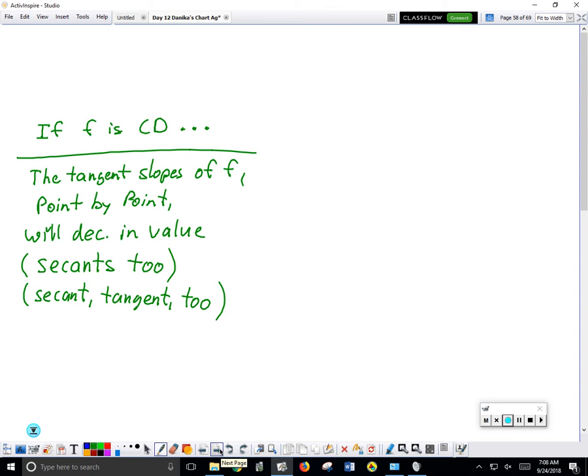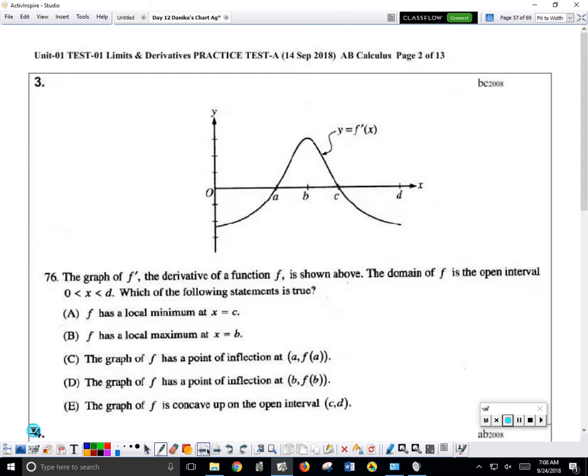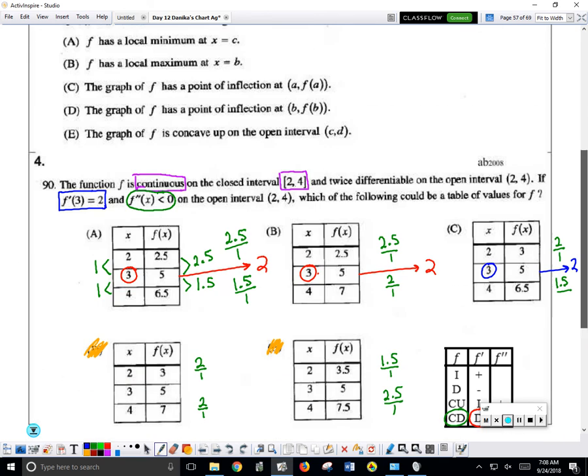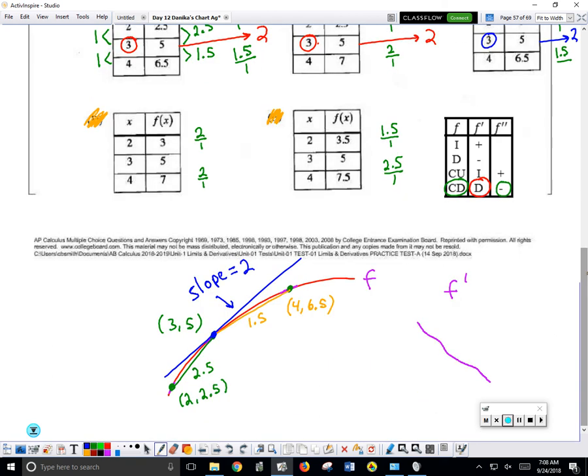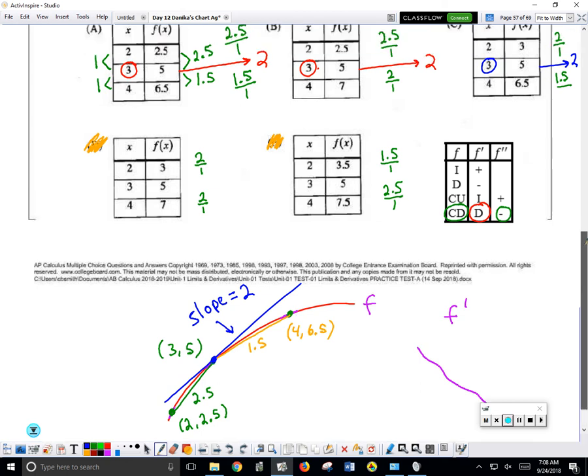Basically what they're testing you on, Abby, is a thorough understanding of what it means for a curve to be concave down. For a curve to be concave down, you have to be able to view the curve, go from a secant slope to a tangent slope to a secant, and see a decreasing sequence. And the only one that works is table A.